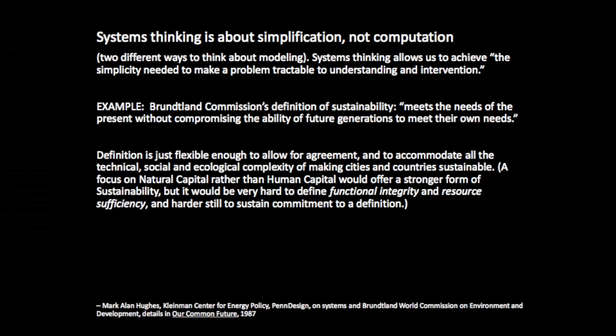Systems thinking is really about simplification, not computation. So it's two totally different ways of thinking about what models are. And systems thinking is intended to help us achieve the simplicity needed to make a problem tractable, to make it understandable, and to think about where to intervene.